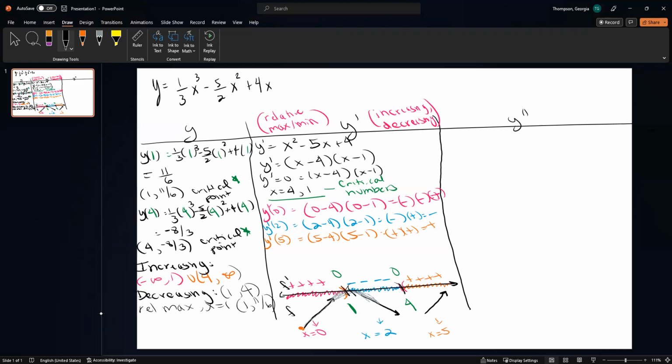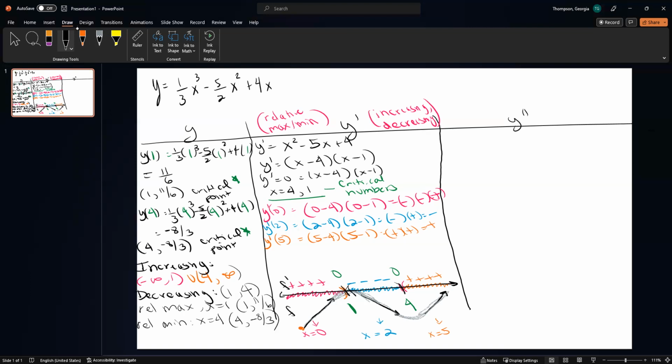We already found that y value, so we can just use it there. And where is our relative min going to be? If you look at x equals 4, you can see it's going downhill and then it's going to swap to going uphill, and that looks like a relative min. It's a valley right there. So our relative min is going to be at x equals 4, which was the point 4 comma negative 8 over 3.